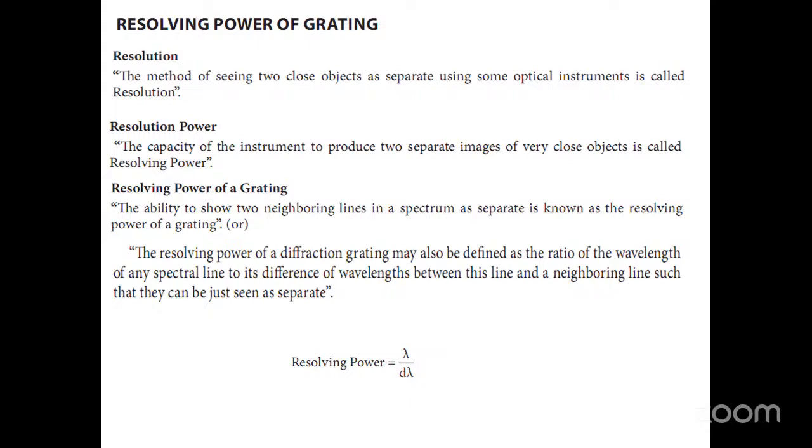So an optical instrument which shows the two neighboring lines in a spectrum, separated as two, D1 and D2, is nothing but the resolving power of a grating. The same definition also follows for the telescope. Resolving power of a telescope.